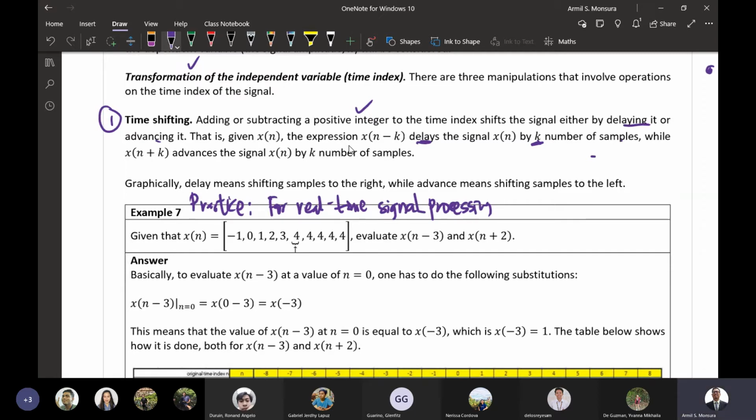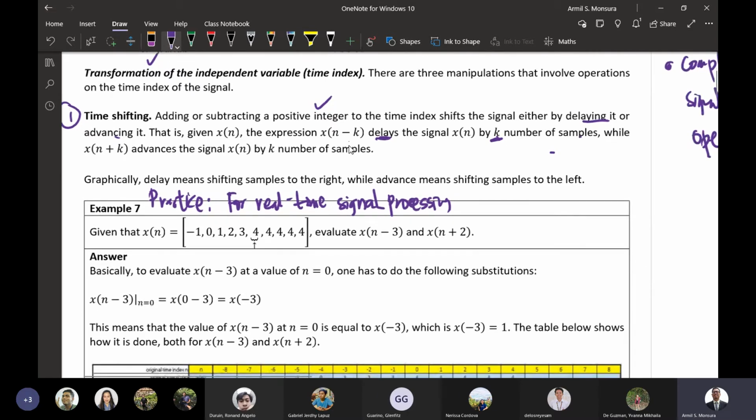Usually ginagawa niyo yun kapag, for example, meron kayong sensor na kumukuha ng value or nagbabasa ng measurement, and pinaprocess niyo na kagad yung measurement nung sensor niyo. So that's real-time signal processing.